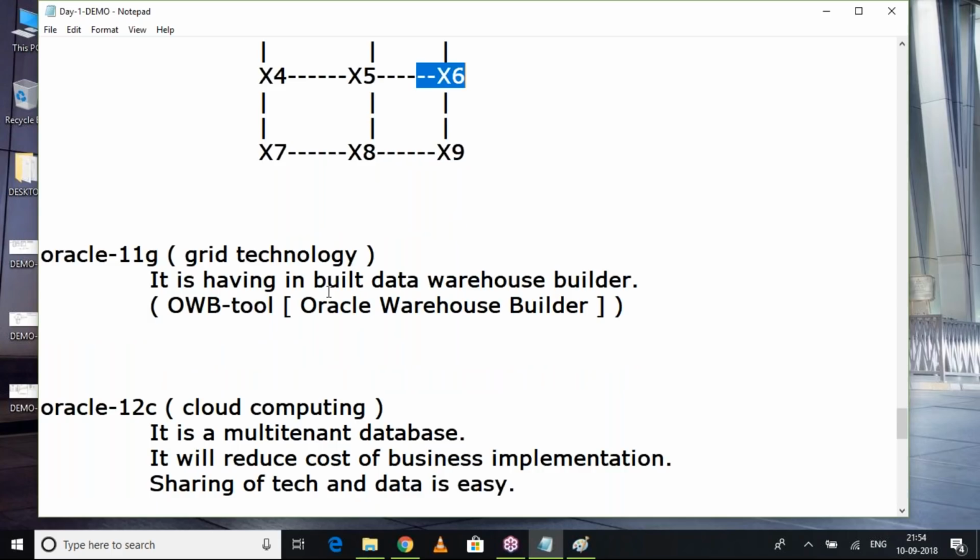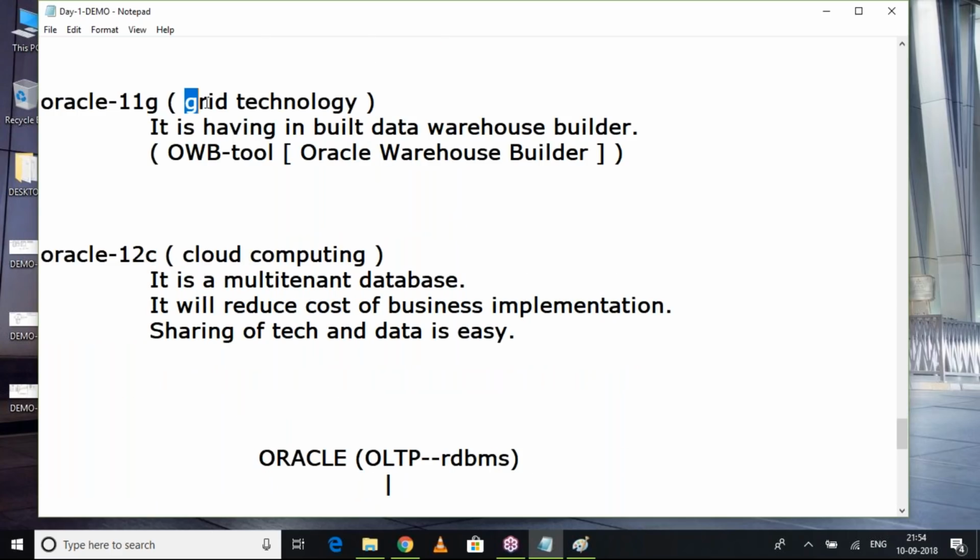Next, Oracle 11G. It is also implemented based on grid technology. So 10G is grid and 11G is also grid. Then what is the difference between 10G and 11G? 11G has an additional tool along with grid technology: Oracle Warehouse Builder.